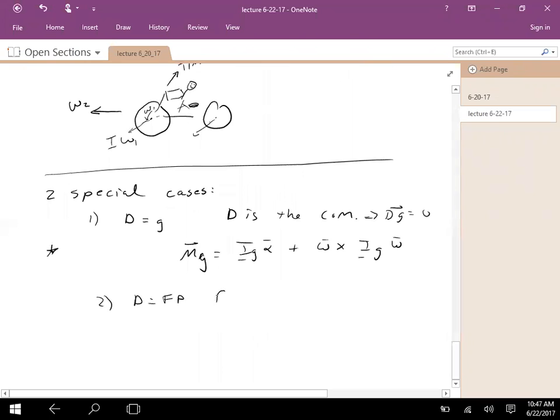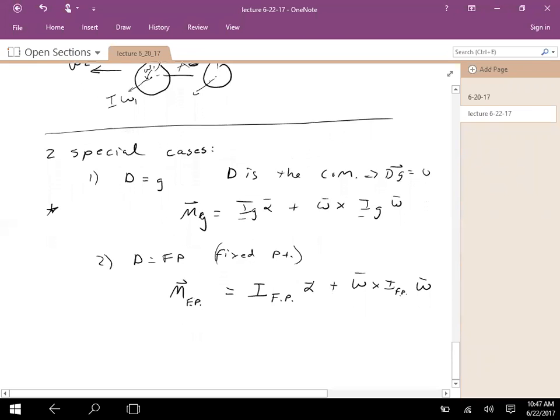So D is a fixed point, and in that case the sum of moments about this fixed point is I about the fixed point times alpha plus omega crossed with I about the fixed point times omega. I will not use that one in our class. You can, and you'll see the examples, but I tend to just stick with the first one.